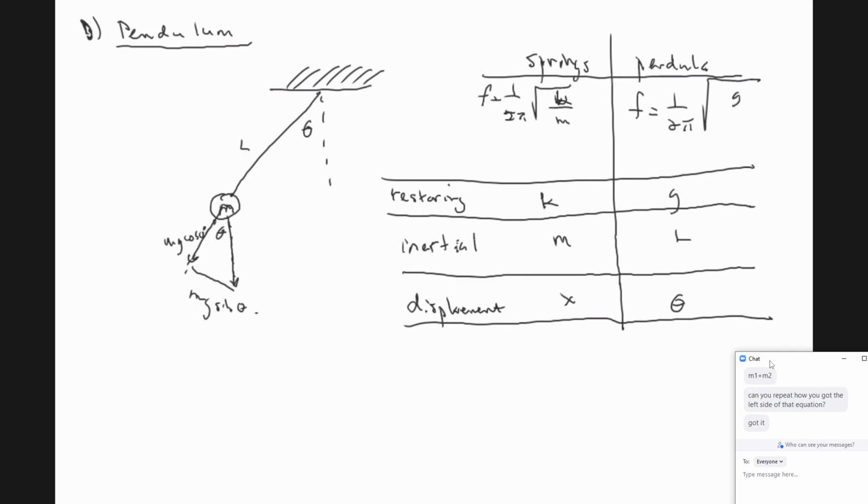The restoring component is your gravity, and your inertial component is how long that length is. Period is the reciprocal of that, so 2 pi square root of m over k for springs, and 2 pi square root of L over g for pendulums. Sorry, this is period, not frequency.